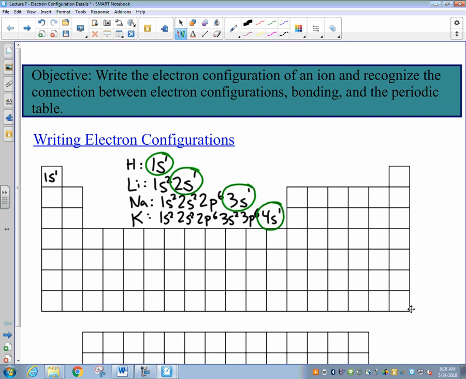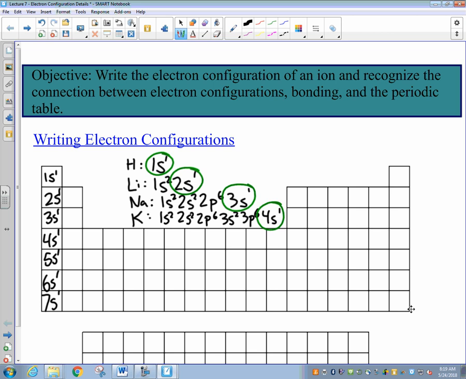Looking at the alkali metal family, we could then predict the last filled orbital for the rest of the elements within this family. Continuing down, lithium was 2s1, sodium was 3s1, potassium was 4s1, and then moving down further, we would expect rubidium to therefore end in 5s1, 6s1 for cesium, and 7s1 for francium.